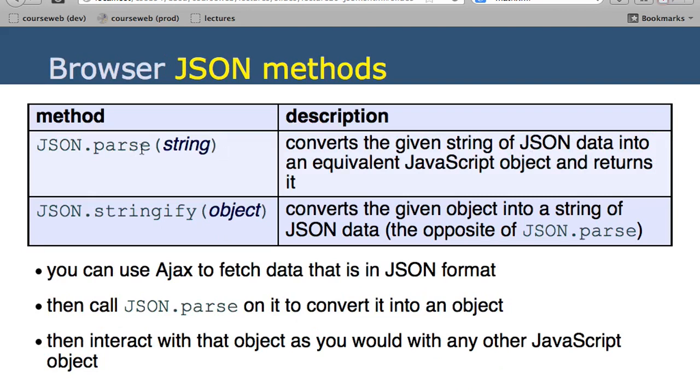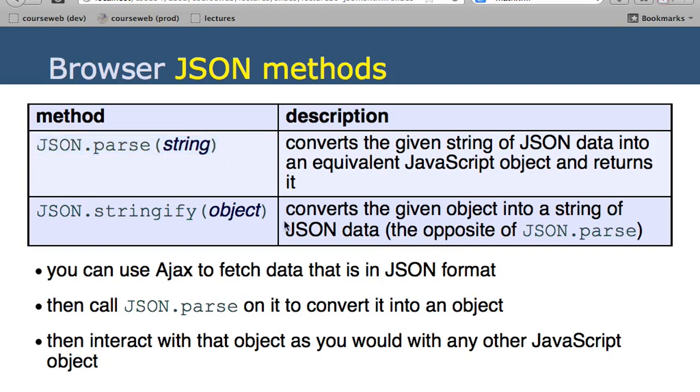If we read in a JSON file, we can parse the contents of the file. If this is a string containing the contents of the file, we can parse that, and what this function returns is the JavaScript object that string represents. So this returns a JavaScript object.